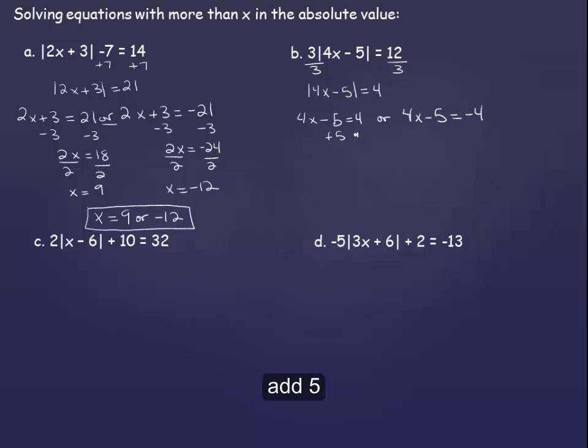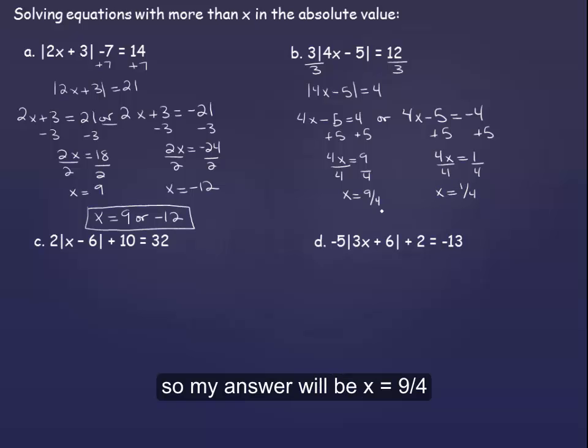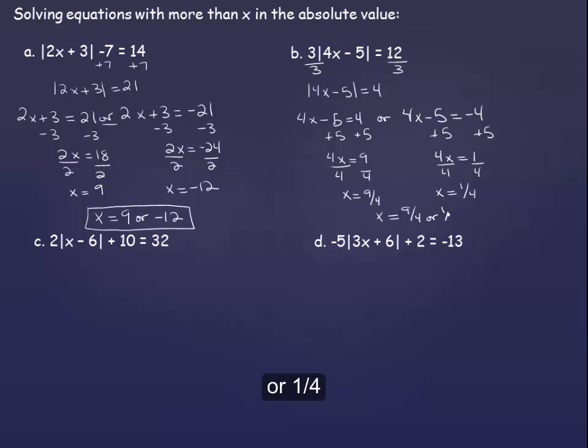Add 5. 4x is equal to 9. Divide by 4. x is equal to 9/4. Add 5. 4x is equal to 1. Divide by 4. x is equal to 1/4. So my answer will be x is equal to 9/4 or 1/4.